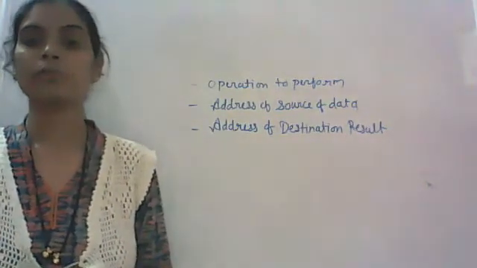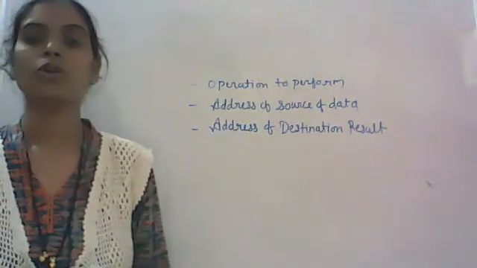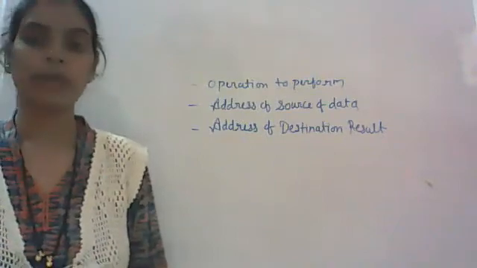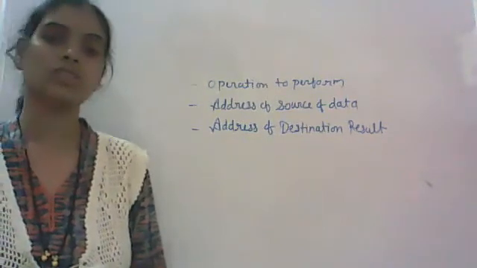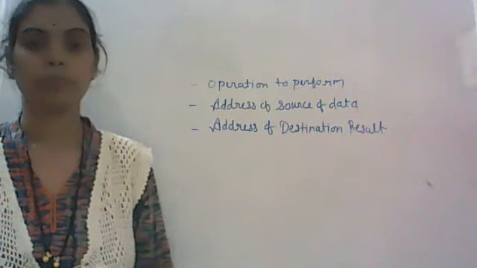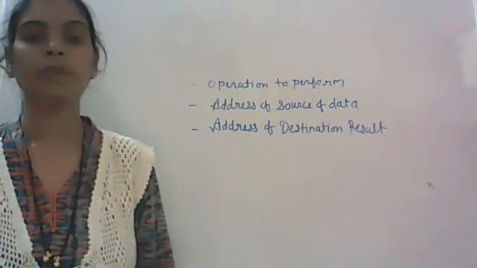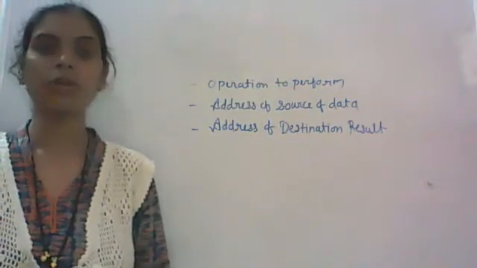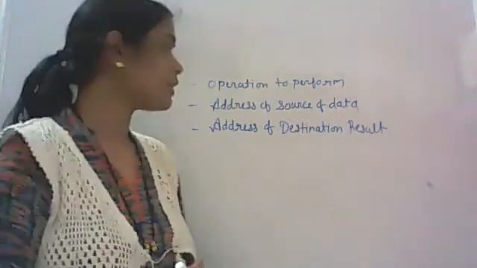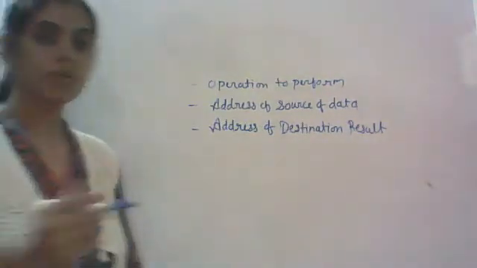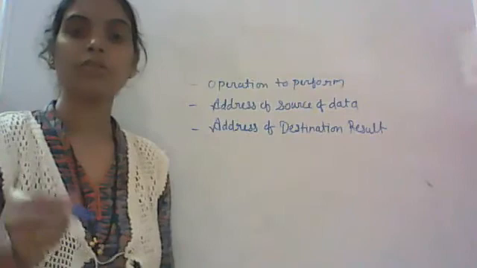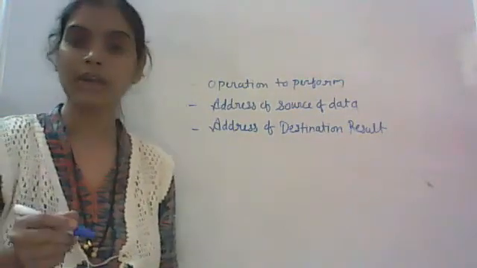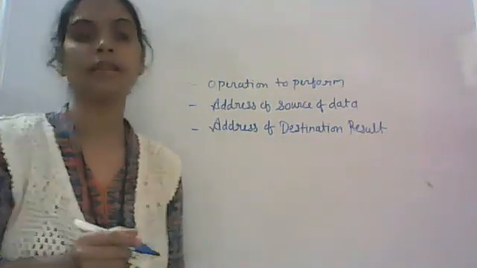What is the addressing mode? The term addressing mode refers to the way in which the operand of the instruction is specified. In a simple way, addressing mode is the way of specifying data to be operated by an instruction.